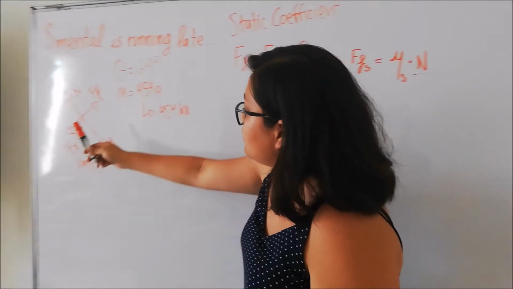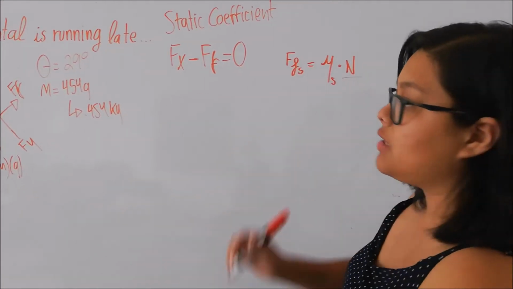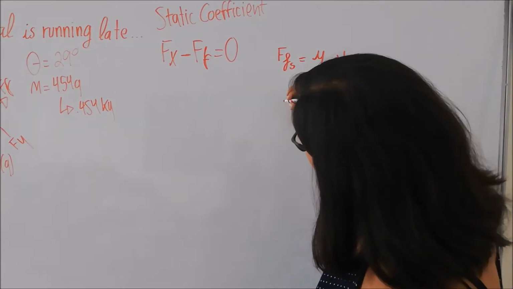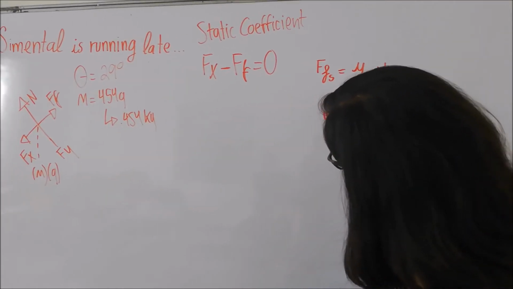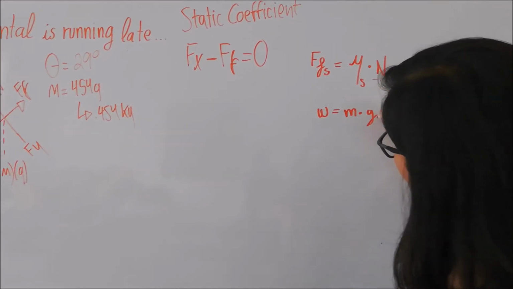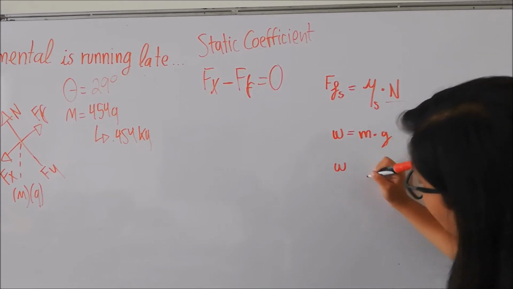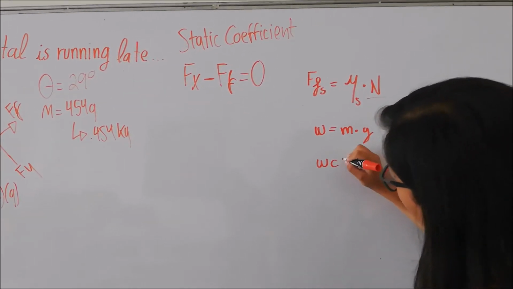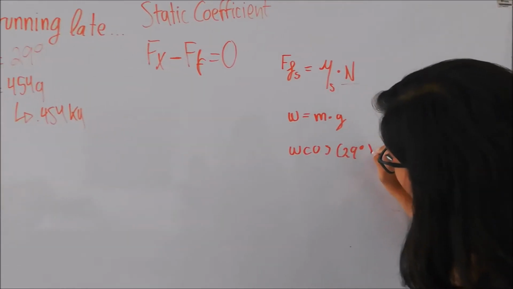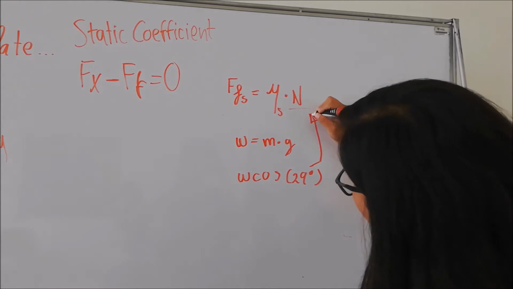Well, since it's on an inclined plane, we are going to find the normal force by inputting the weight, that is equal to the mass times gravity. So weight times cosine of 29 degrees is the equivalent of the normal force.